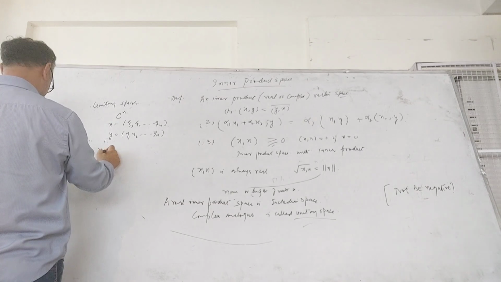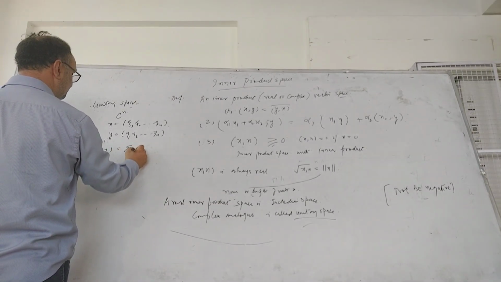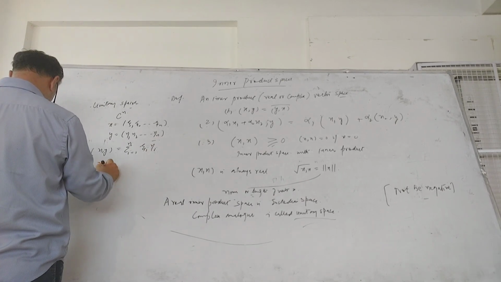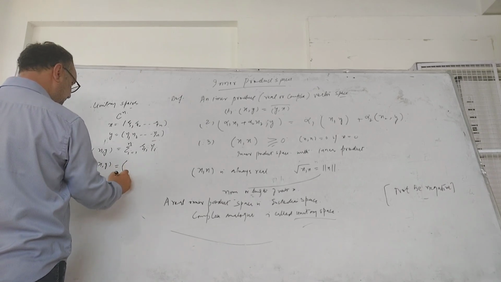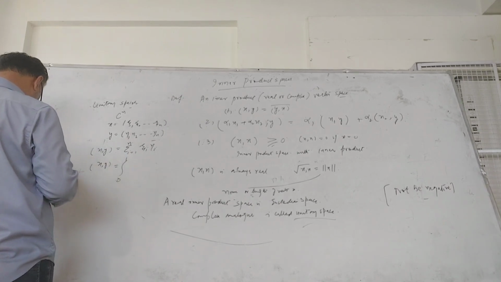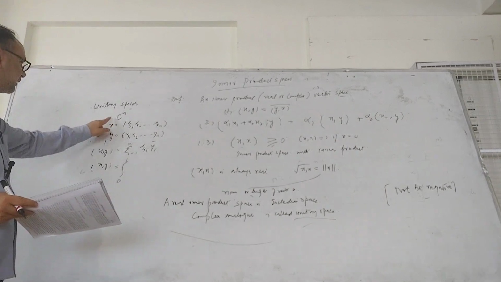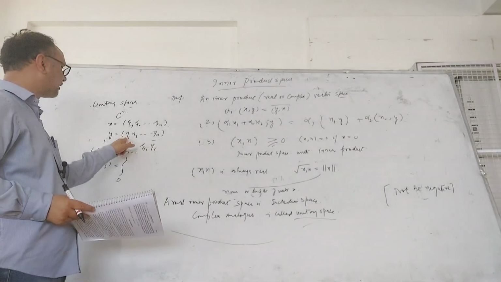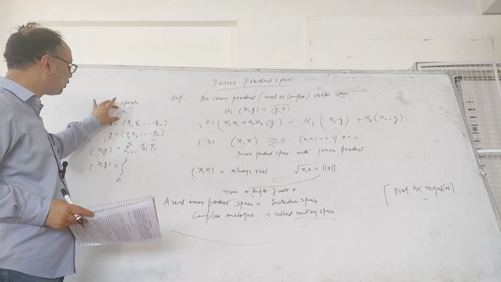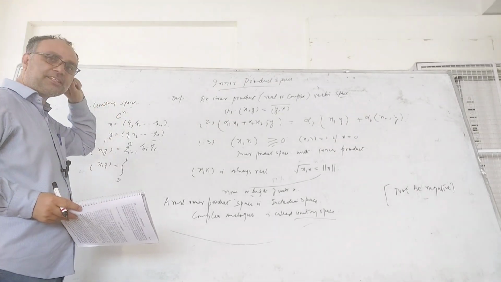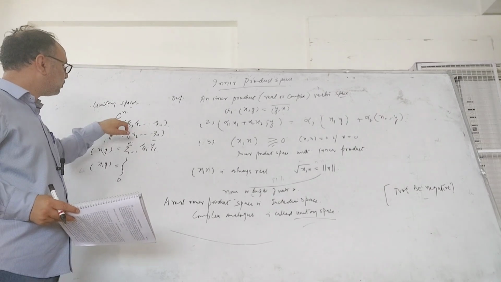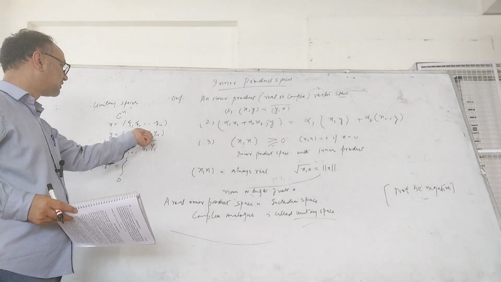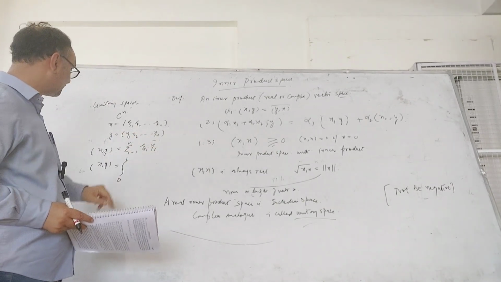Then the inner product xy can be written as a sum in which one of the elements has to be a complex conjugate. So there is a difference between real space and complex space. In real space, both can be as they are, but in complex space, one of them is a conjugate.